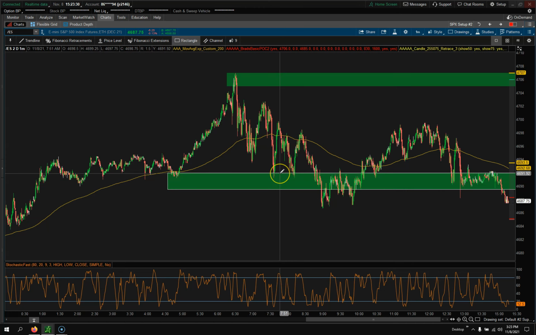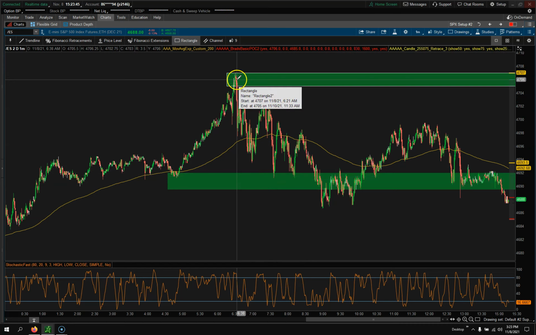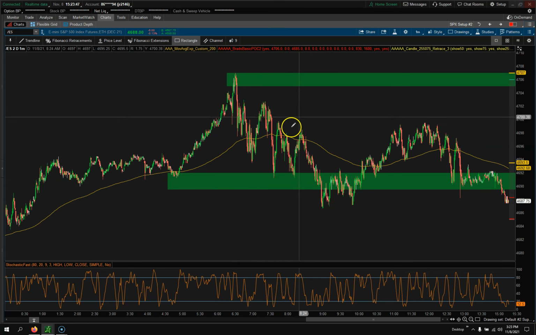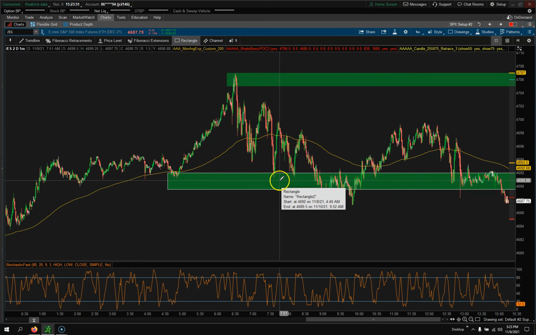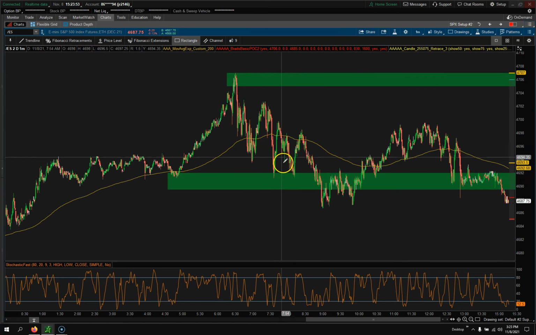So we had about an 8 or 9 point bounce there. When we came back down, this zone is no longer valid. It's already been touched, just like this one. These zones, once they get touched, they're no longer valid, and you don't trade them again. Not saying they can't work again, but you just don't do it.